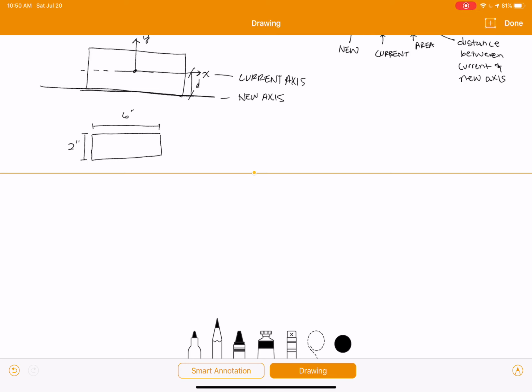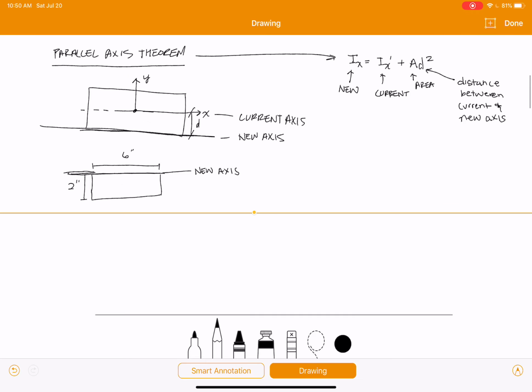We'll just say they're inches, give it some units. And we want to know the moment of inertia about, let's just say this axis right here, where it lines up there. All right, we want this to be our new axis.